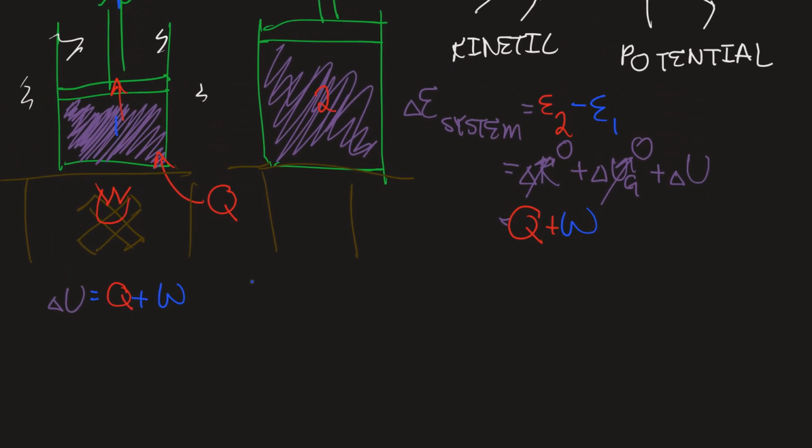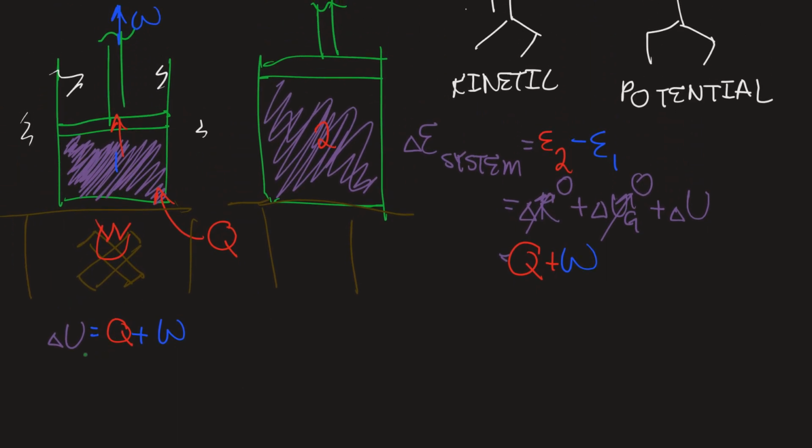Now we will define heat. So given that a positive Q, or a positive heat interaction, means that it's heat added into the system, just like we have drawn in the diagram. If this is heat added into the system, we can think about the molecules on a microscopic scale.